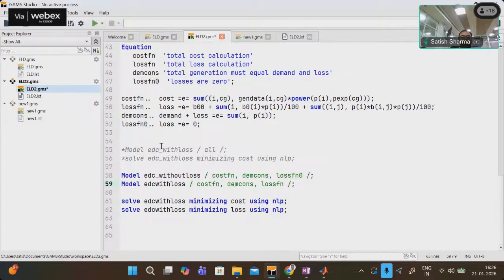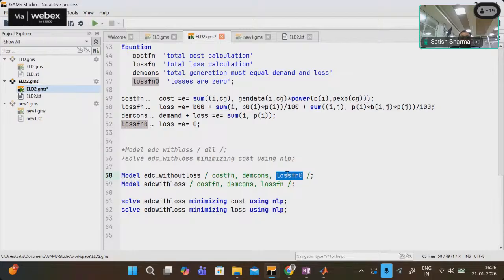Instead of using all constraints as at line number 55, now I am defining one constraint as the cost function, another as the demand constraint, and then the zero loss constraint.